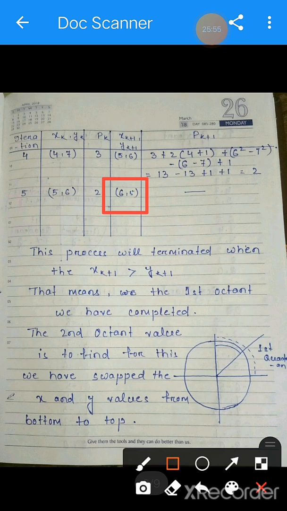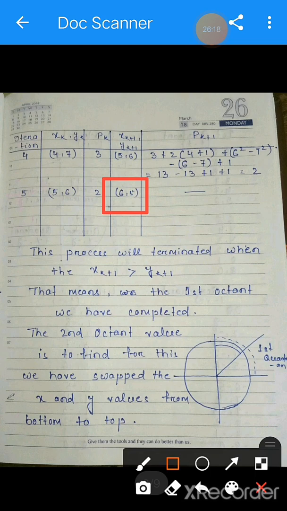So we will stop this procedure. This process will terminate when xk plus 1 is greater than yk plus 1. That means we have completed only the first octant.